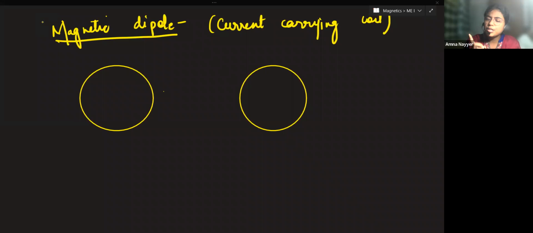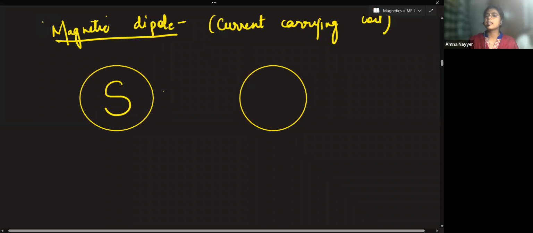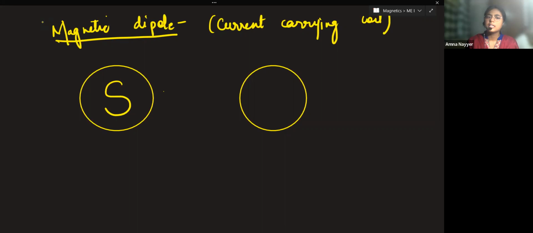Just the direction of current by the polarity, how can you predict without using your right hand thumb rule? You can use your right hand thumb rule, that I'll tell you, but without using the rule. Supposedly, I say this coil has south polarity and this coil has north polarity. So for south polarity, do what? Draw S, and wherever the S has its end, draw the arrows.